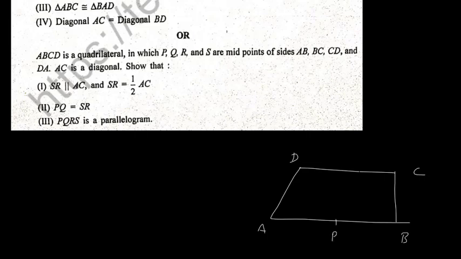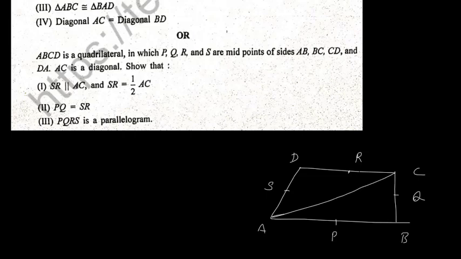On BC we have one point Q. On CD we have one point R, and on AD we have point S. They are the midpoints. And AC is a diagonal.